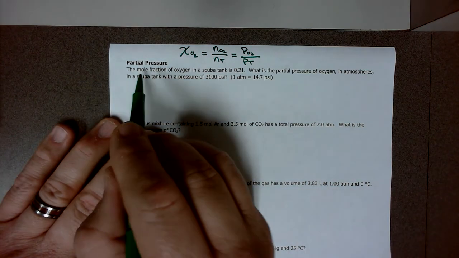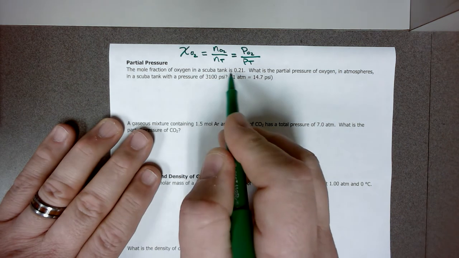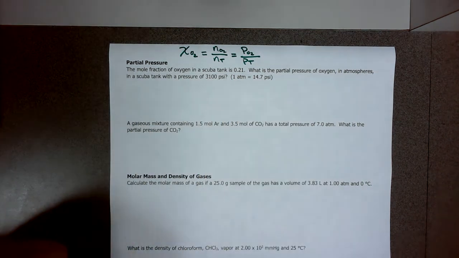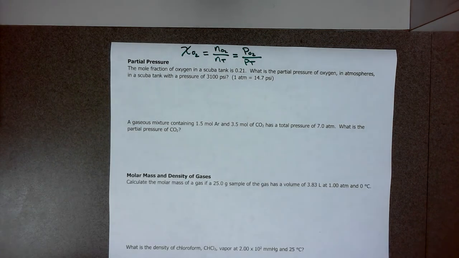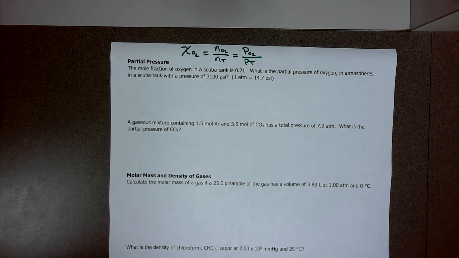Now, the mole fraction of oxygen in a scuba tank is 0.21. In other words, our atmosphere has 21% oxygen, so it's got a mole fraction of oxygen of 0.21. A scuba diver wants to have pretty much the same partial pressure or mole fraction of oxygen in his scuba tank.